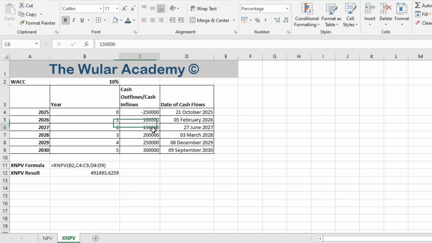We can invest it for these 6 months from July up to December and get a return on that amount. Same goes for 2028, and for other years as well. So this is the reason we have a more realistic estimate about the present value using the XNPV function instead of the NPV function.